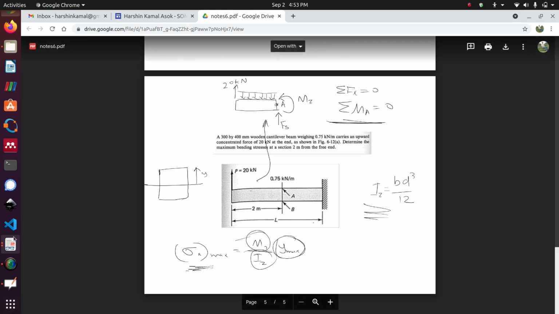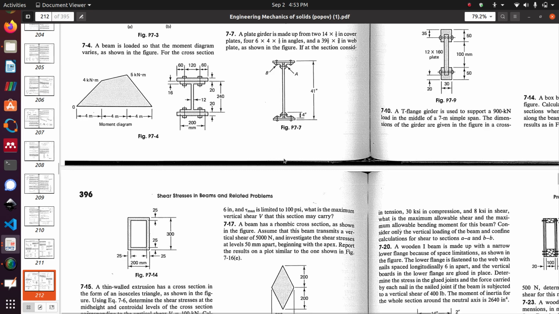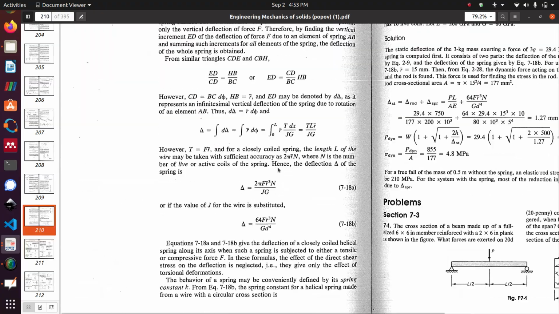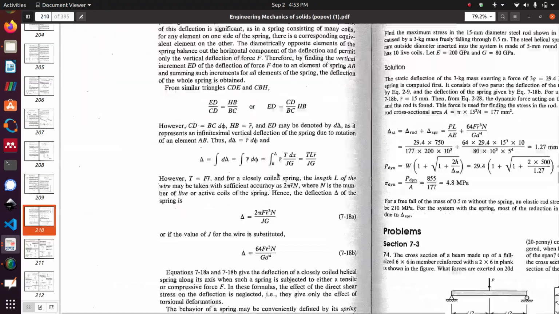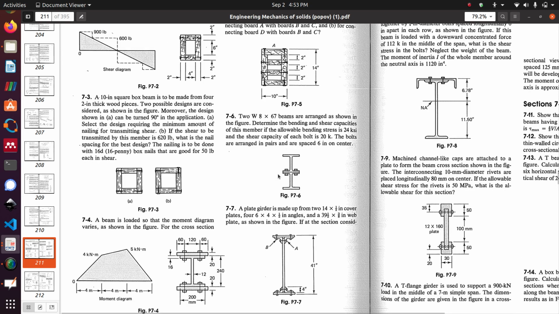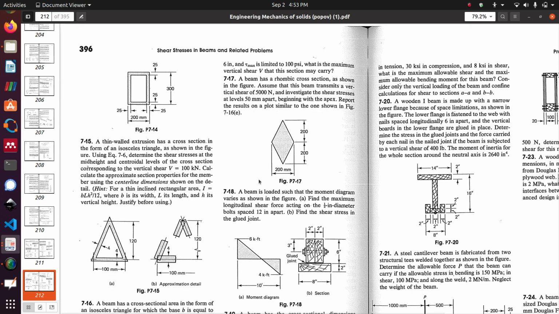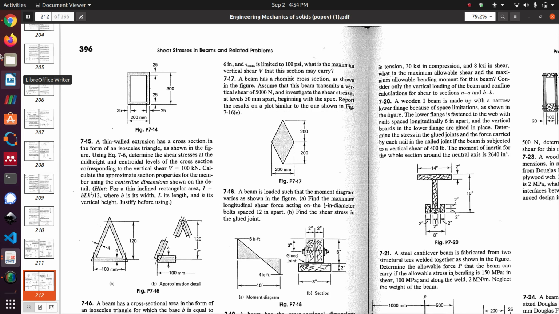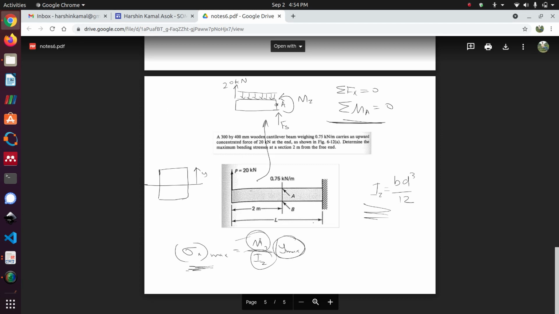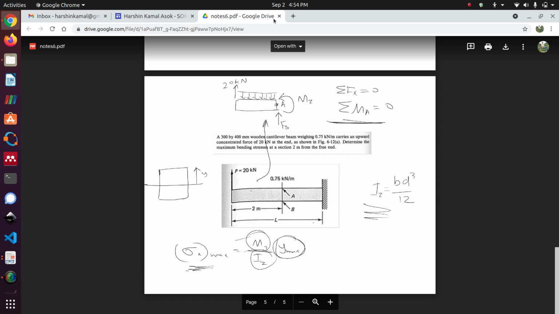There are a lot of problems available in the textbook, so I'll give you a couple of them as a part of your assignment, and I want you to have a look at these problems and understand how we actually solve them. The one we have solved is a very basic one, where you can directly apply the equation and get the answer.